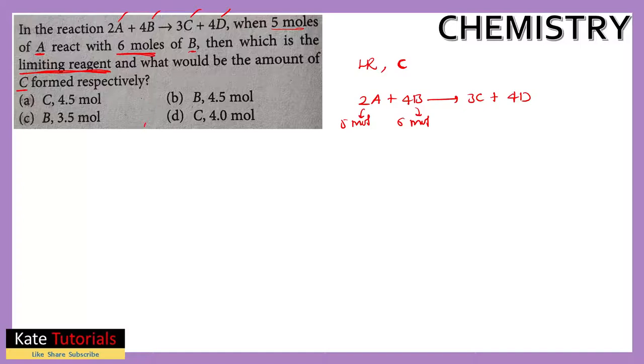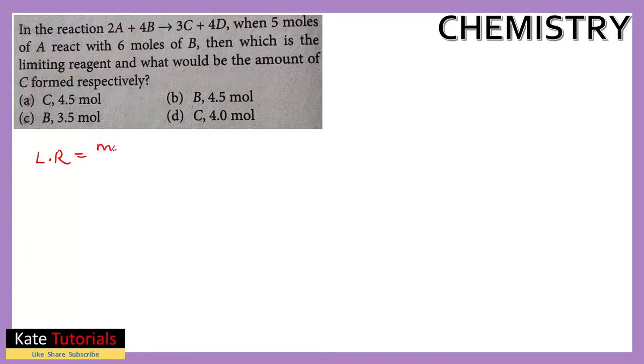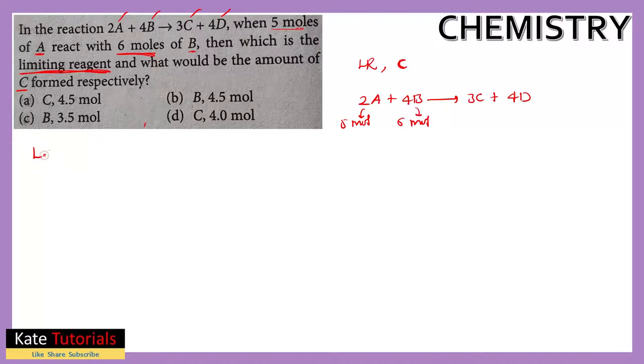First, limiting reagent we have to find it, right? So I have one formula for limiting reagent. Limiting reagent is nothing but mole of any compound, that is A, divided by its stoichiometric coefficient.